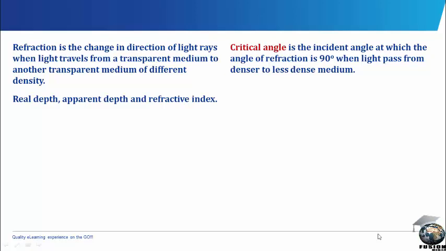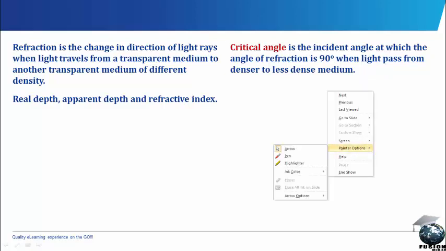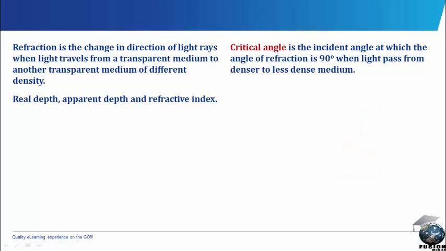That brings us to the law of refraction. The first law states that the incident ray, the refracted ray, and the normal at the point of incidence all lie on the same plane.